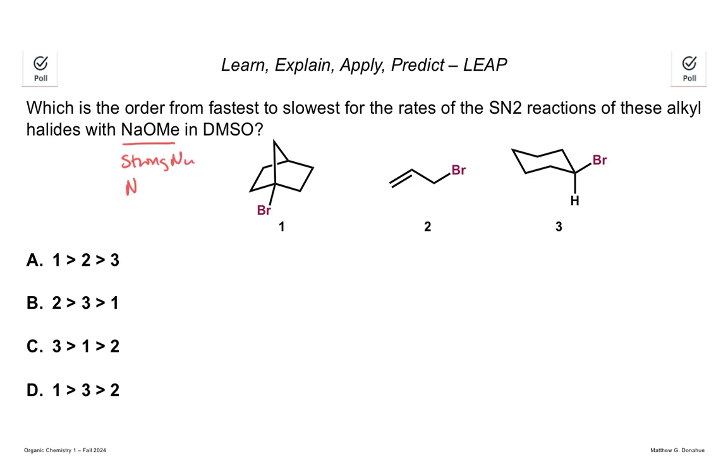Again, it's ionic, Na plus, OMe minus. And the solvent is polar aprotic. So it's asking what is the rate from fastest to slowest.